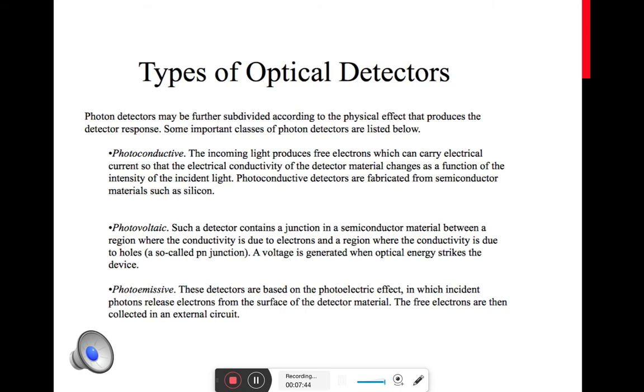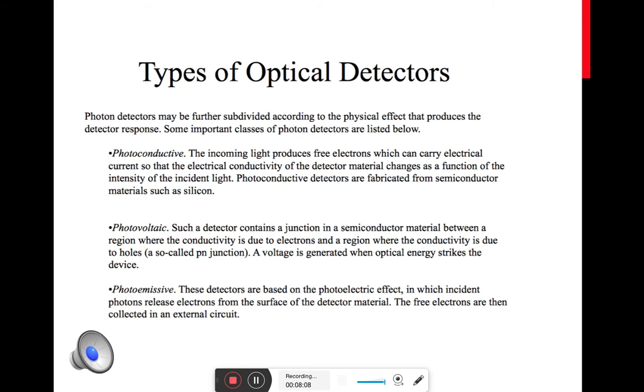If a load is applied across that potential barrier, the electric current flows. The next one is photoemissive. In photoemissive, when light falls on the surface of the semiconductor material, free electrons are generated. If you collect these free electrons in an external circuit, the corresponding electric current is generated.